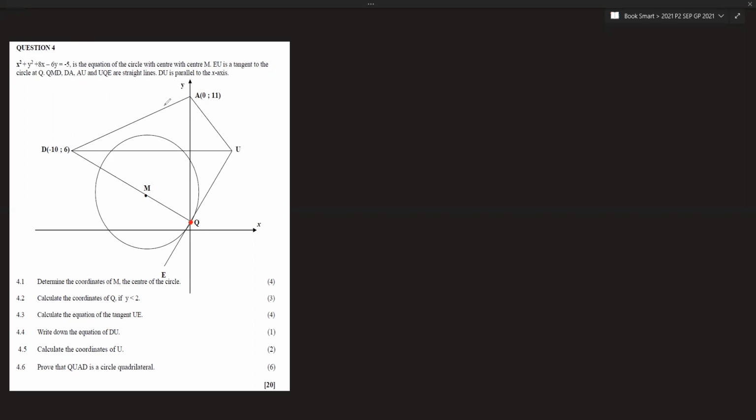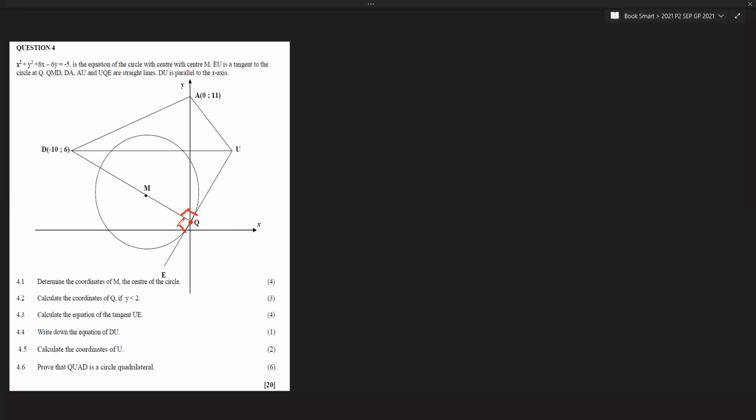Before I even start, I'm just going to analyze this diagram based on the given information. Firstly, I was told that this is a tangent, and here I'm seeing that M is the center. So the tangent theorem says this line and that line must be perpendicular. So I'm going to have 90 there. I'm also going to have 90 that side because of angles in a straight line.